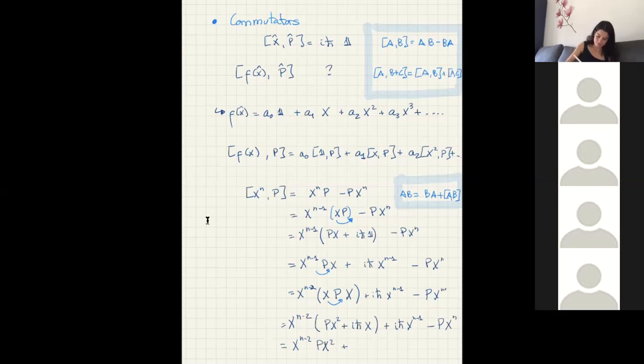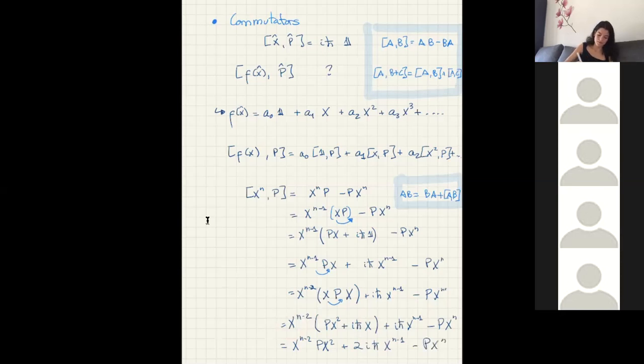now this term will multiply with this, which will give us x^(n-1). So we have now two terms of this form, 2iℏ x^(n-1), minus px^n.